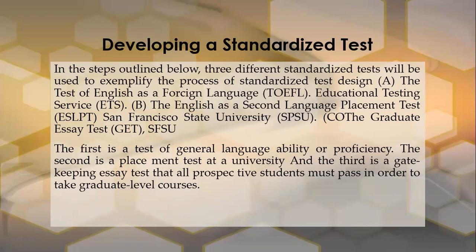The Test of English as a Foreign Language, or TOEFL, Educational Testing Service, ETS; the English as a Second Language Placement Test, ESLPT, San Francisco State University, SFSU; and the Graduate Essay Test, or GET, also SFSU.